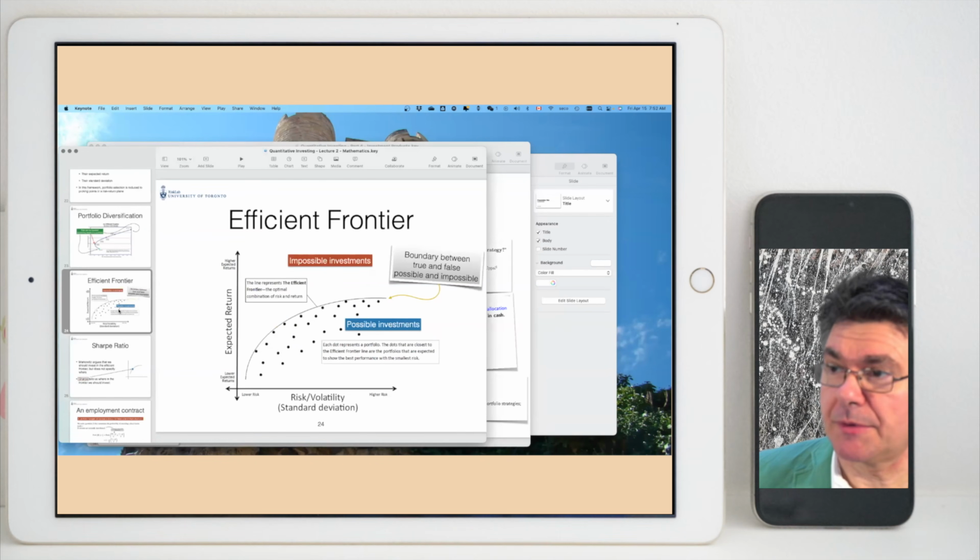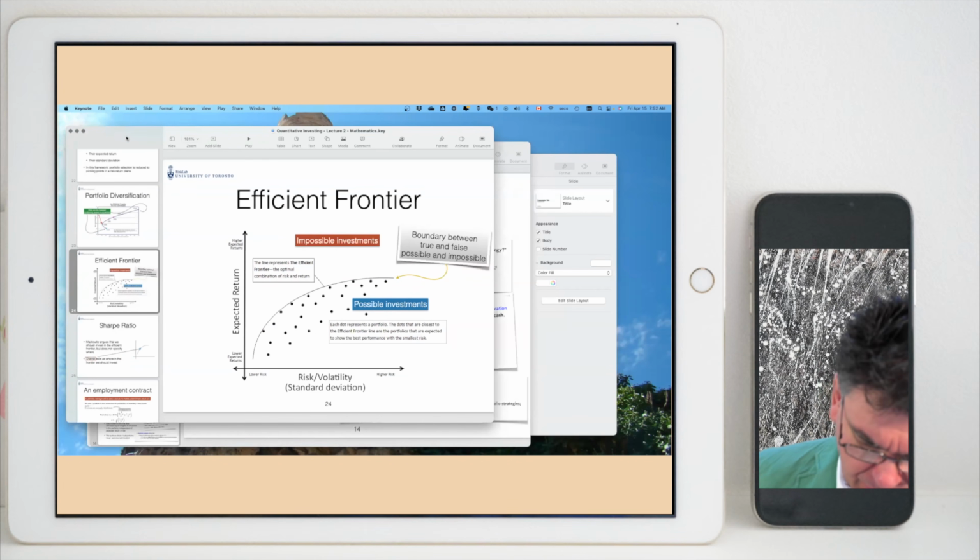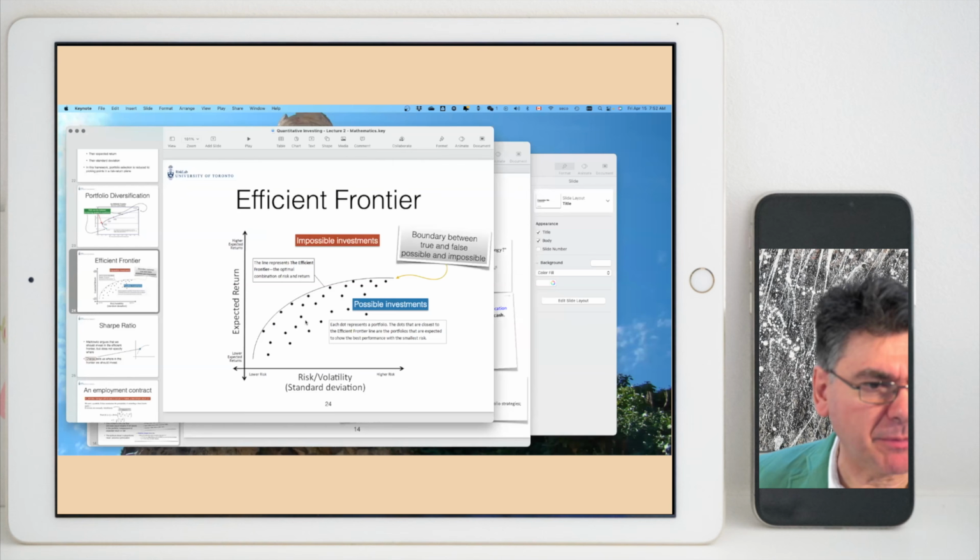So it's this one here. I remind you, it was here. Remember this? We saw this a while ago. And I told you this was the methodology that was developed by Markowitz.